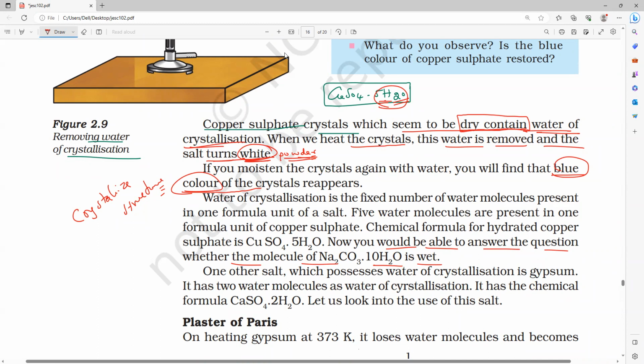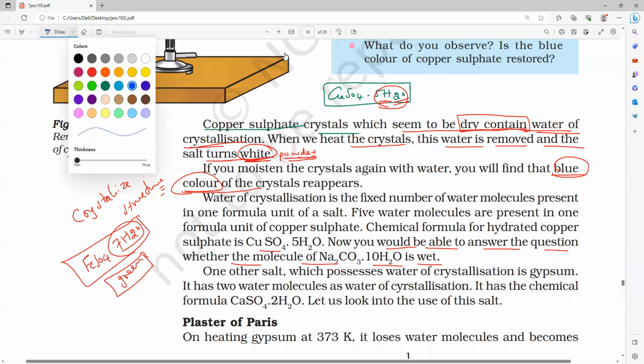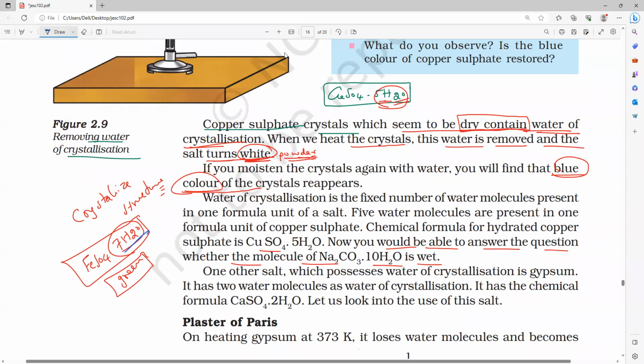Suppose if you take copper sulfate hydrate, what is the color? Blue color. If you take iron sulfate, FeSO4.7H2O, what is the color of this one? We all studied that. Green color. If I remove this water of crystallization, it will turn into what color? It will turn into white color. Understand? So that is what you have to remember.